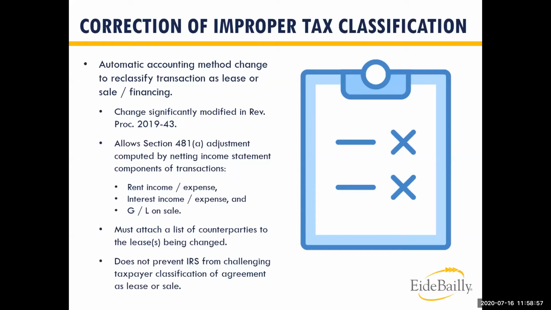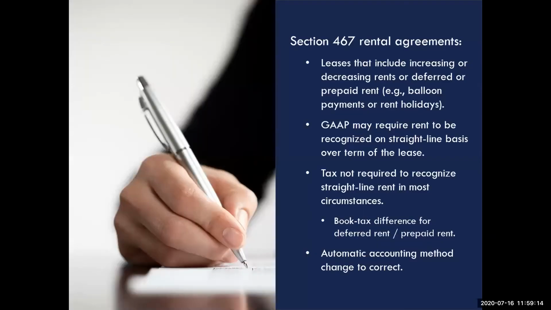There was previously a change available, but it wasn't particularly helpful because it was strictly on a going forward basis. This new change allows us to make modifications to leases that are currently in place and adjust our taxable income accordingly. And one last leasing comment before we wrap up today.